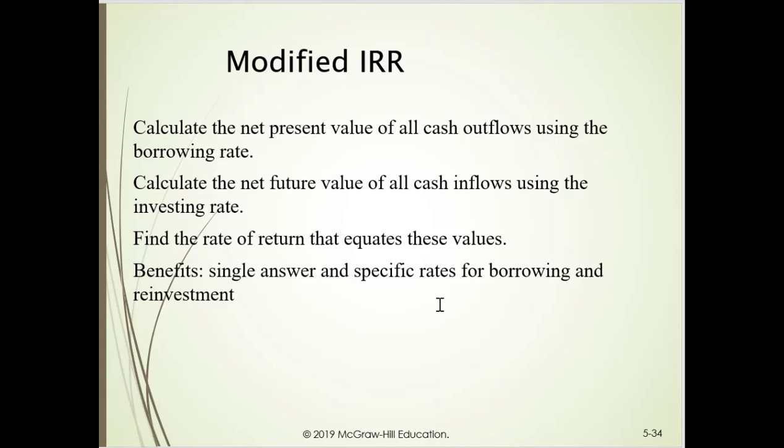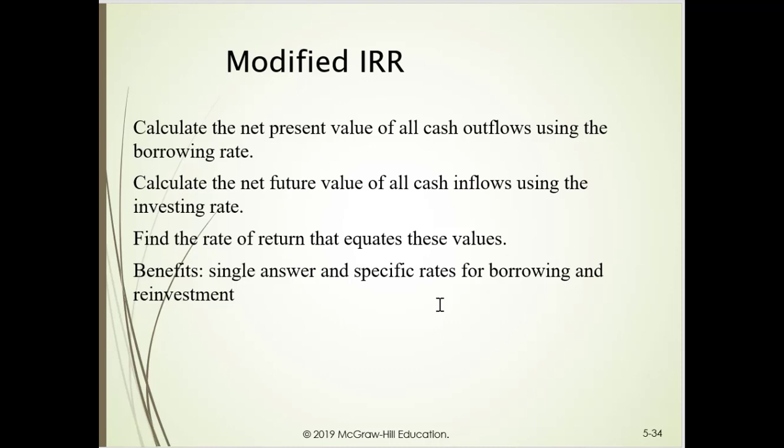But essentially, we want to calculate the net present value of all the cash outflows using the borrowing rate. And then we want to use the cash flows of all the inflows using the investing rate. So there are two rates of return here when they talk about the modified internal rate of return. The benefit of this modified internal rate of return is it provides us with a single answer and specific rates for borrowing and reinvesting.